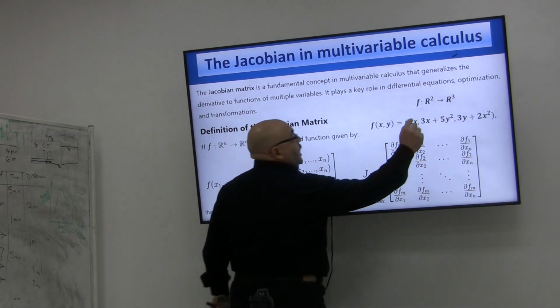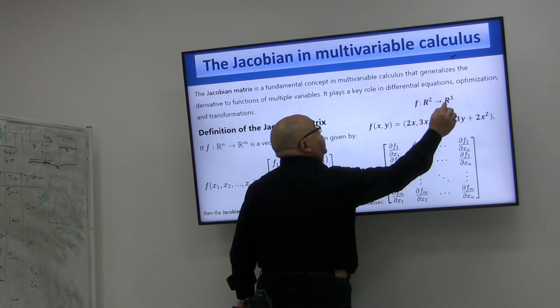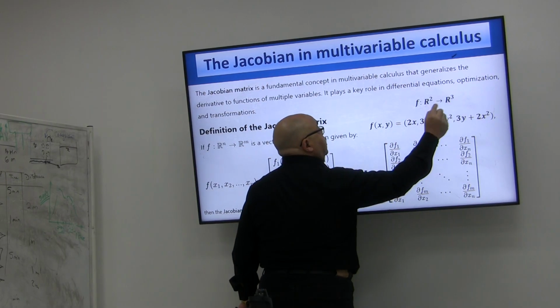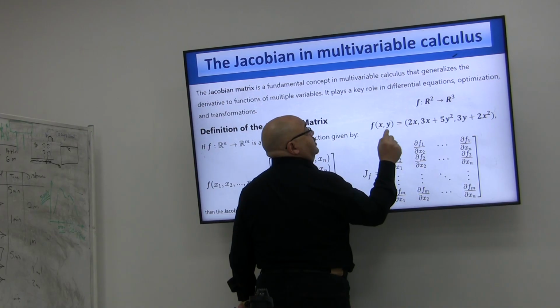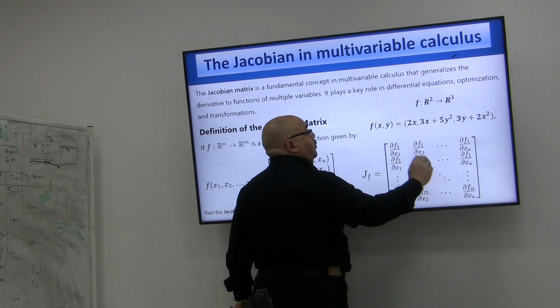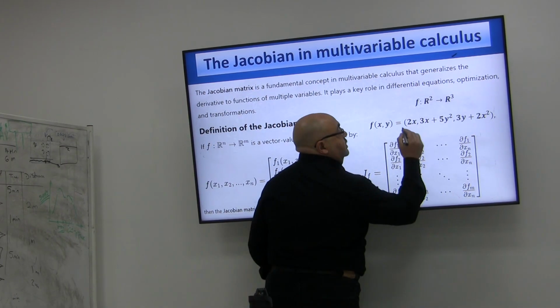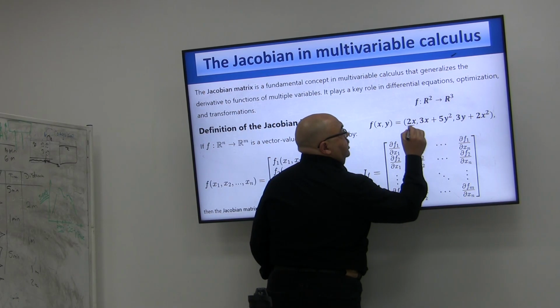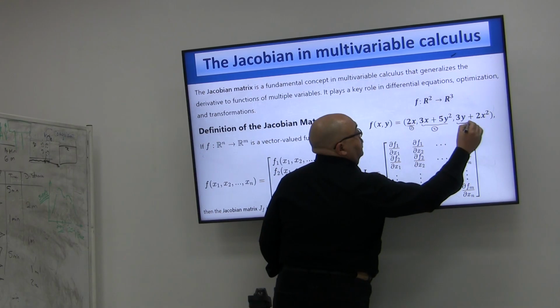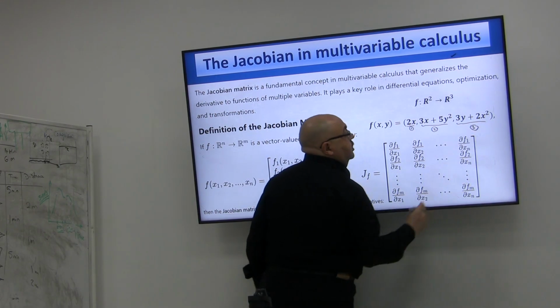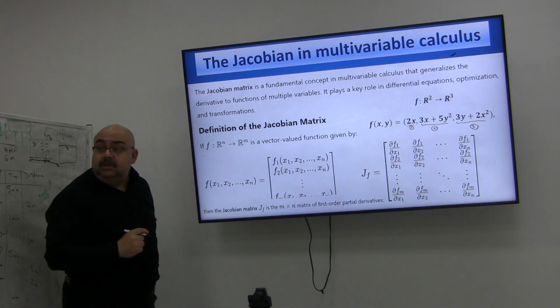Look, I have a function from R2 into R3. So look at R2, how many variables? 2. Look at the output, how many functions? That's the first function, that's the second function, that's the third function. 3 functions.